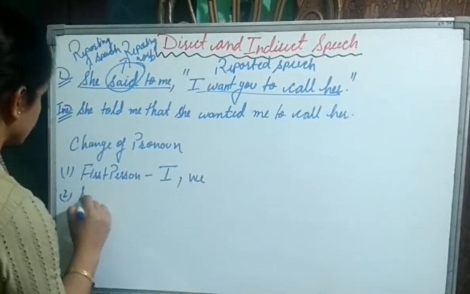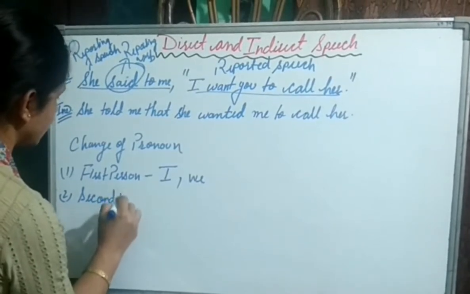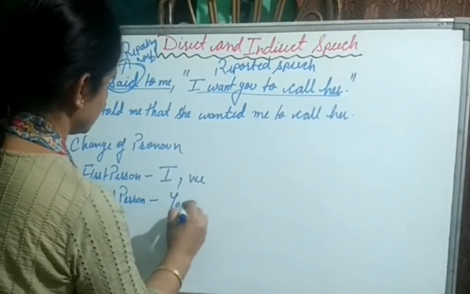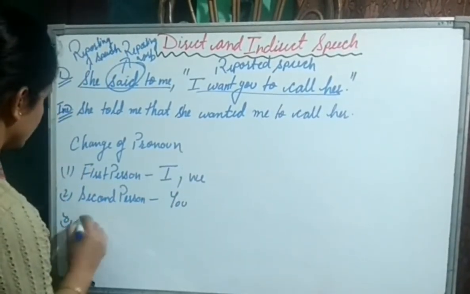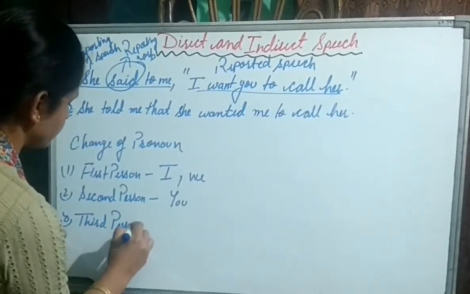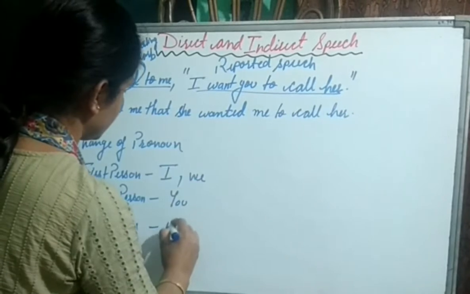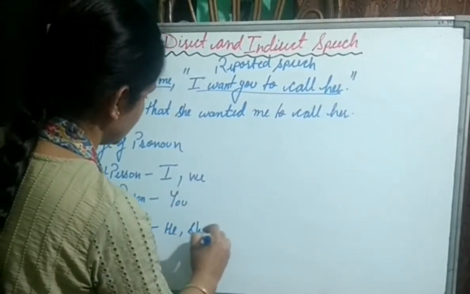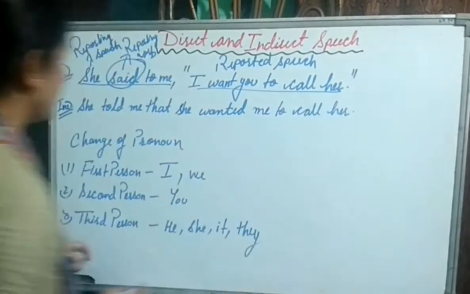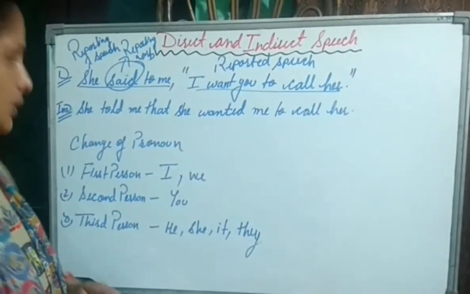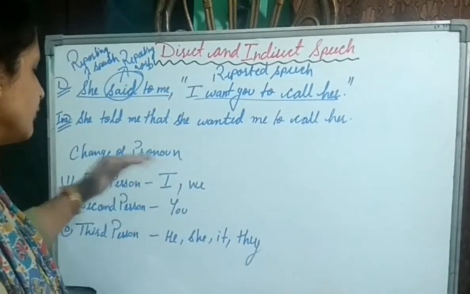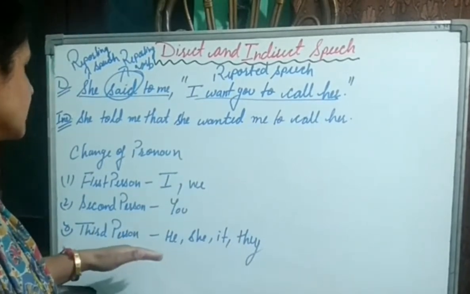Then second person, that is you. Then third person: he, she, it, they. Now these are the three categories. The person is divided into first person, second person, third person.